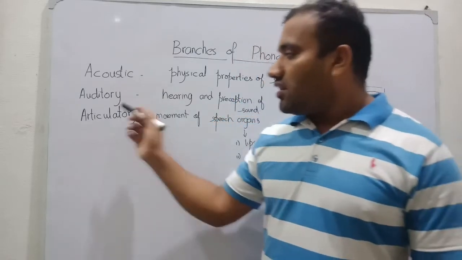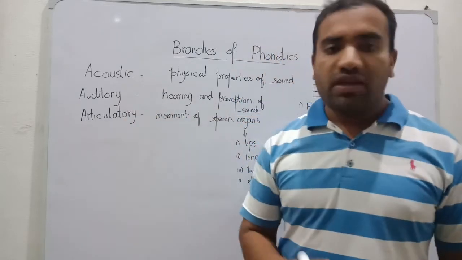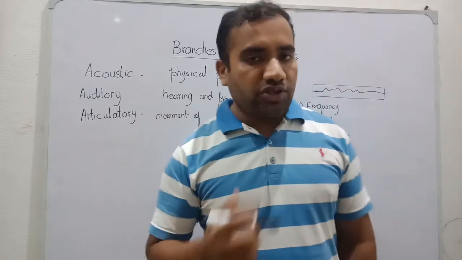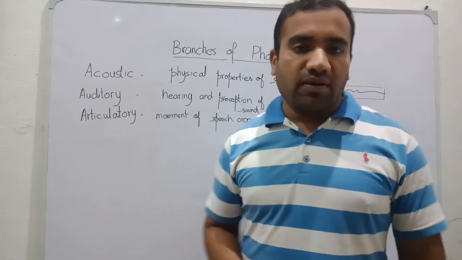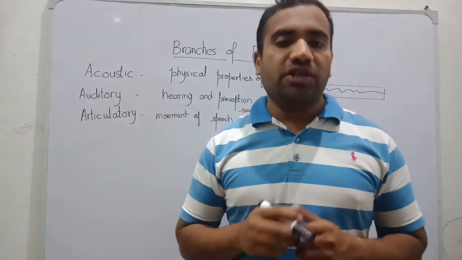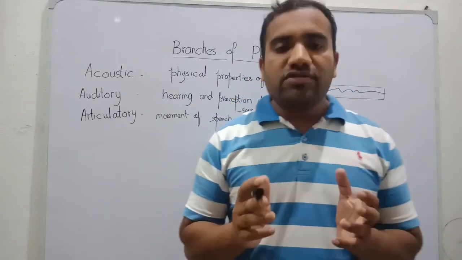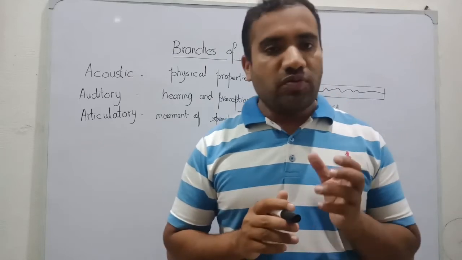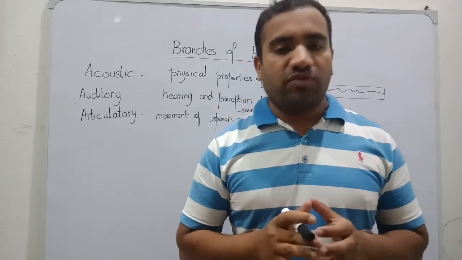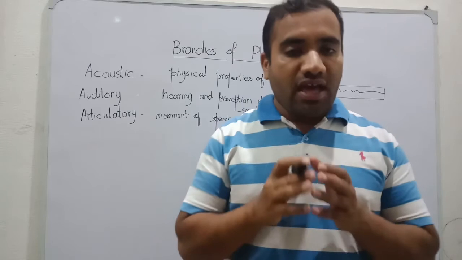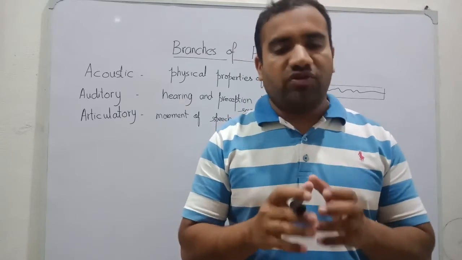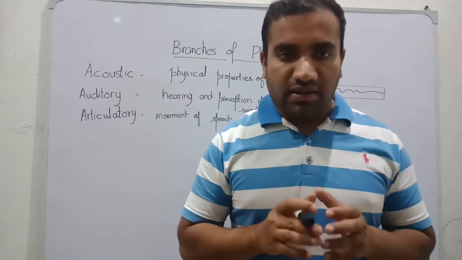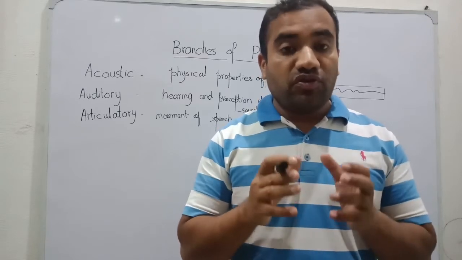Next is articulatory phonetics. This is a very important branch of phonetics. It deals with the movements of articulators. What are the articulators? You must know how sound is produced. Humans produce sound, and animals also produce some sound.